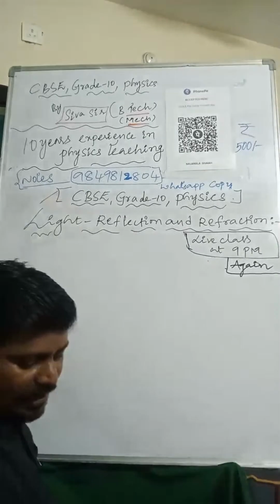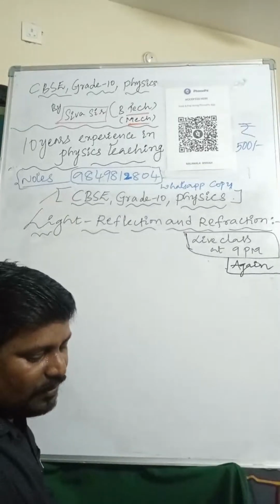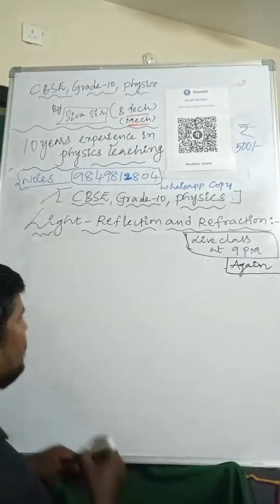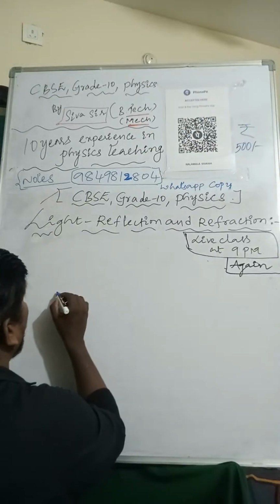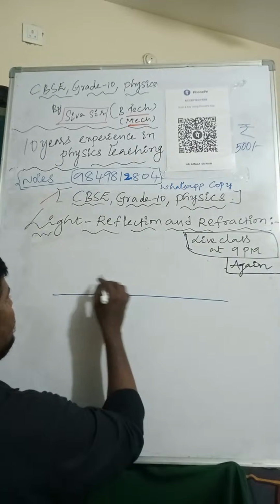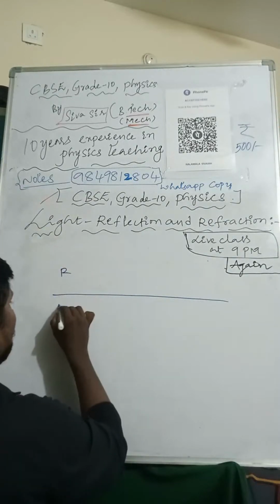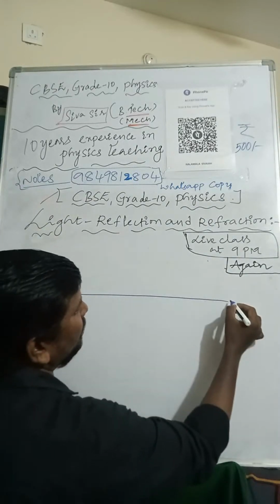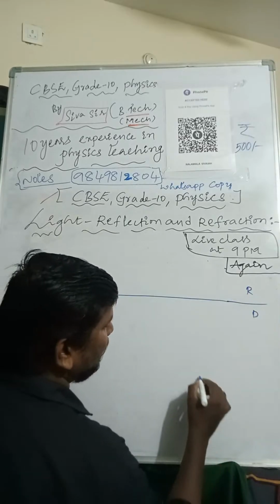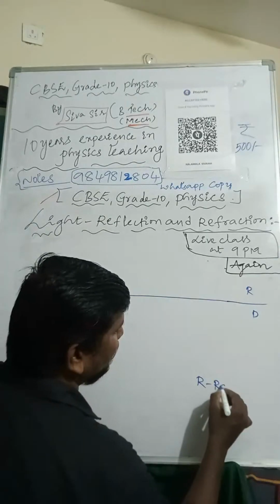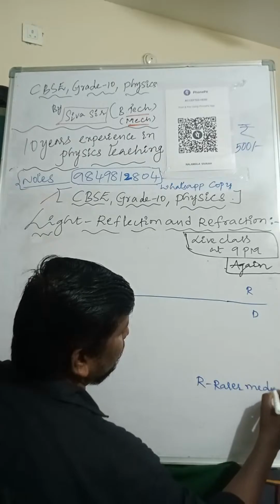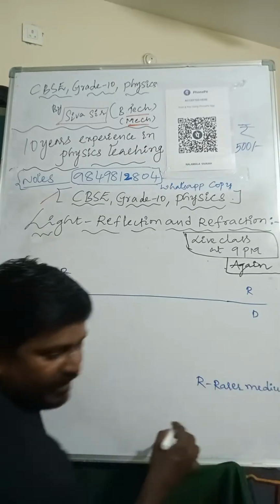Here you can see light ray moves from rarer to denser. Generally I am taking this as the rarer medium and this as the denser medium.